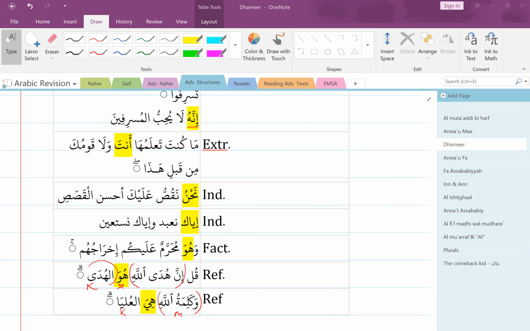It's wow حالية, you were right. And هو is مبتدأ, the one called ضمير شأن, and محرم is خبر مقدم. So even if it's ضمير شأن, it's still treated as مبتدأ.